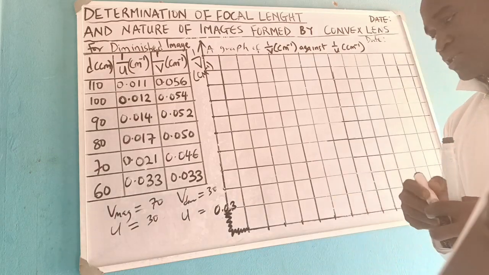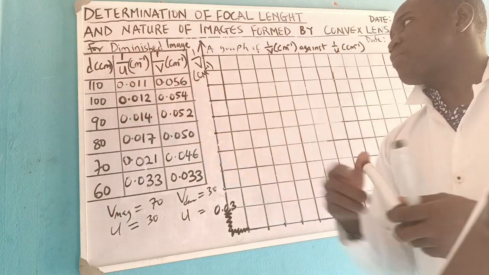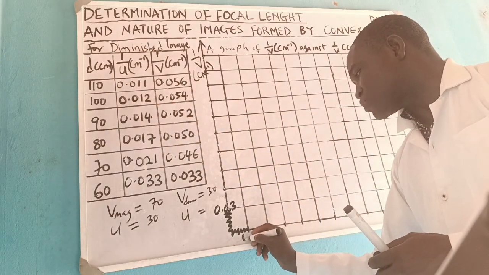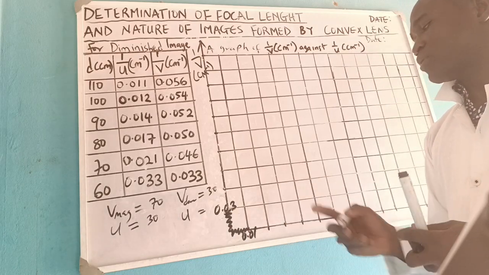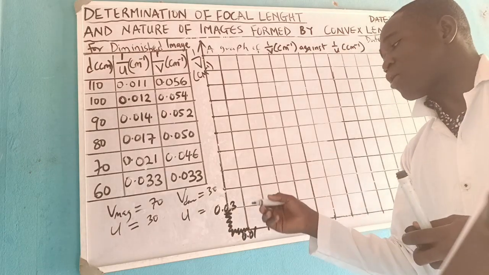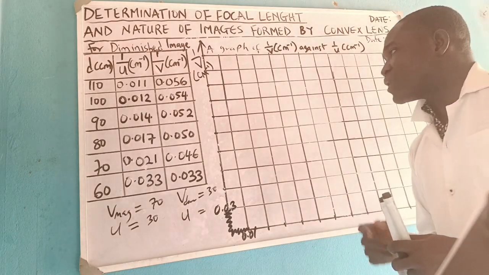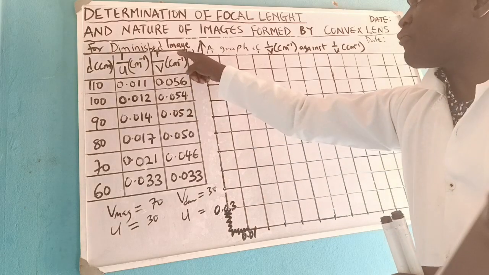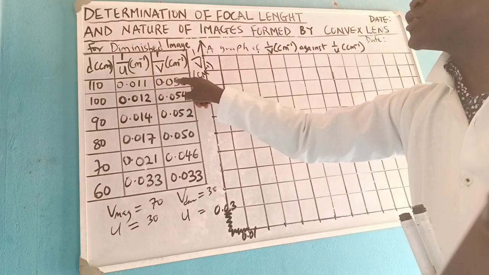That is what it means. And for our 1 over U, the least is 0.01. Let me start with 0.01. Because I put this symbol, I'm no longer going to be writing 0, 0 again. Then, what is the maximum value in this table for 1 over V? We have the maximum to be 0.056.